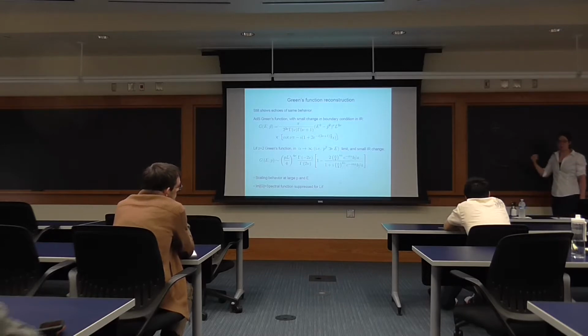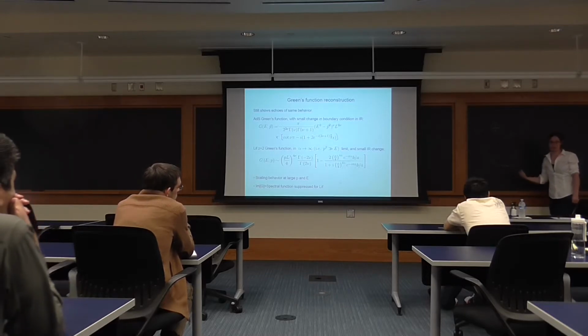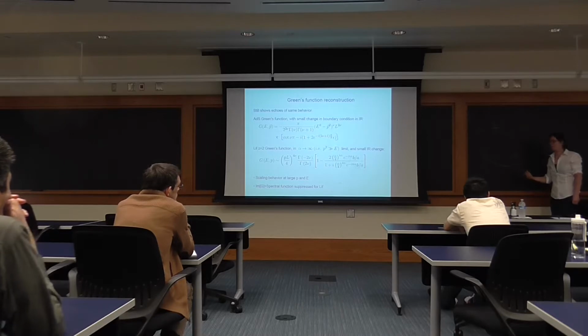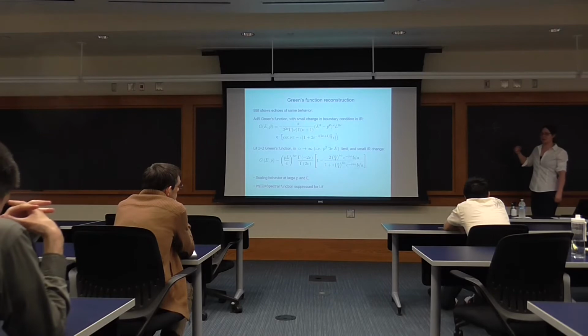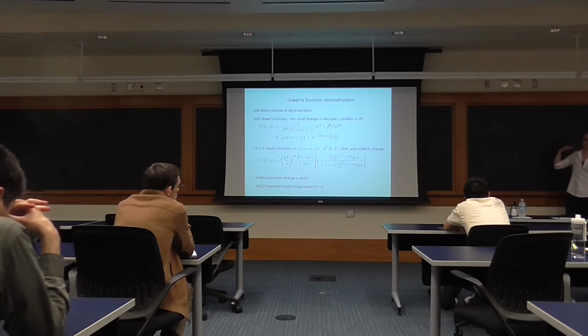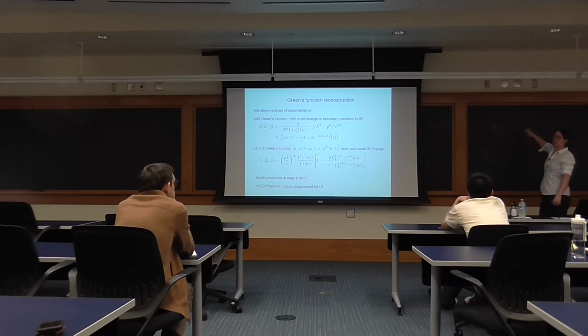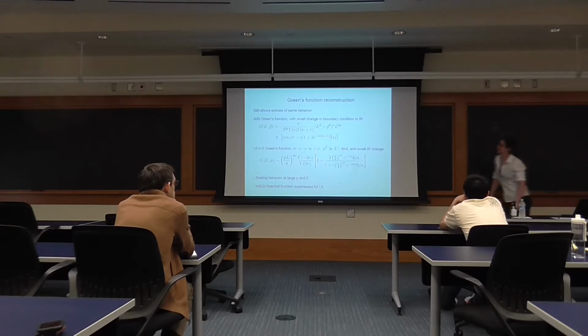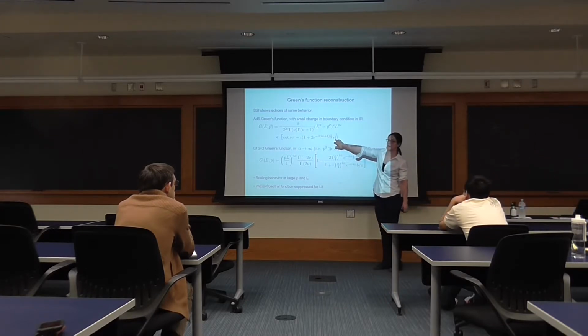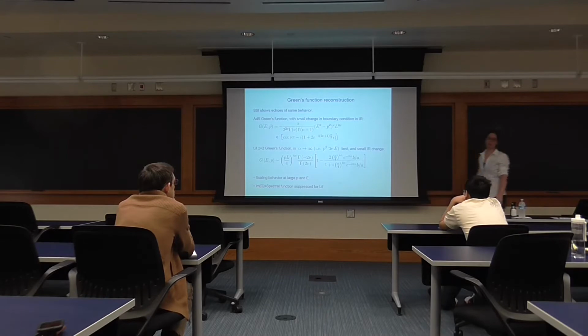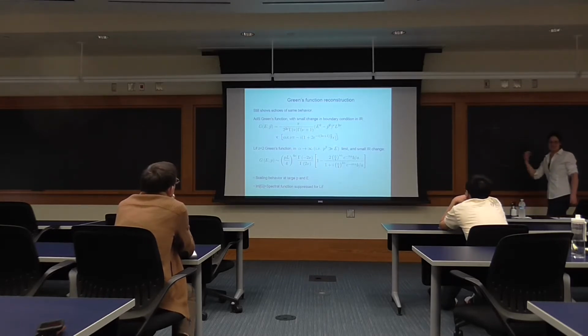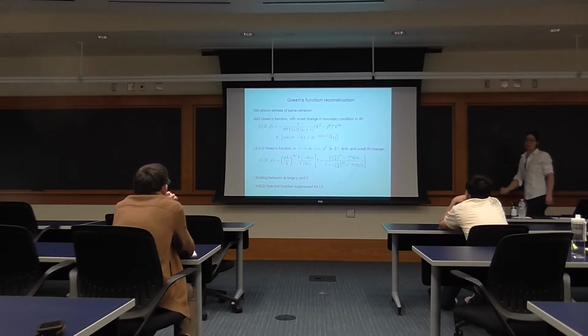Normally we're interested in the retarded Green's function, so we usually pick infalling boundary conditions in the infrared. To perfectly know the infalling boundary conditions, I'd have to know the geometry all the way in. So what I'm imagining here is that we screwed up a little bit, and we picked infalling boundary conditions with a little bit of outgoing as well. That's what this epsilon represents. So I'm doing a small change on the boundary conditions in the infrared and asking, does that change the Green's function? Can I see that in the Green's function at the boundary?